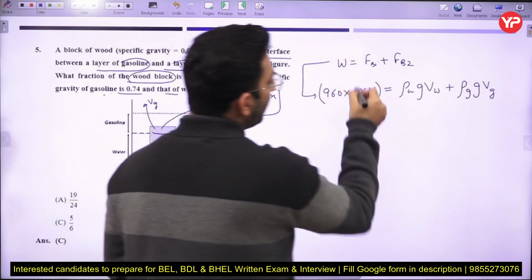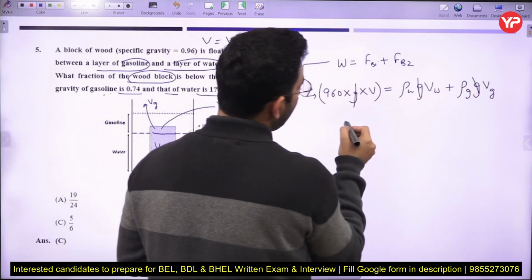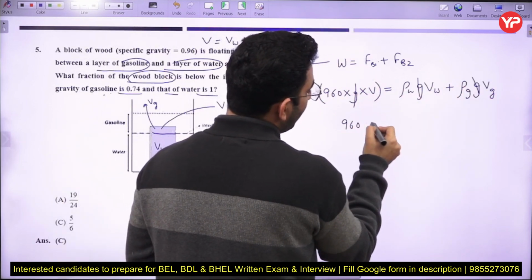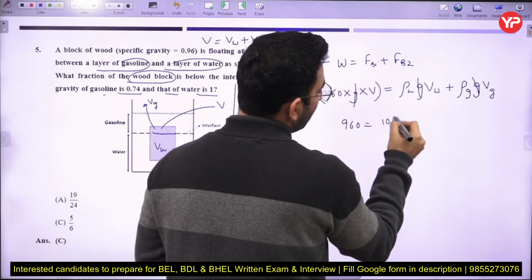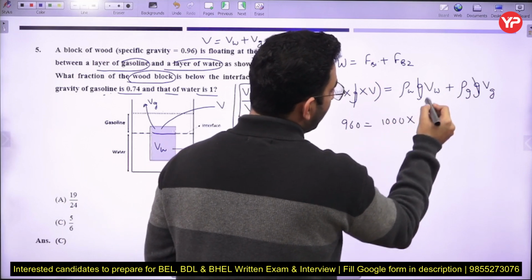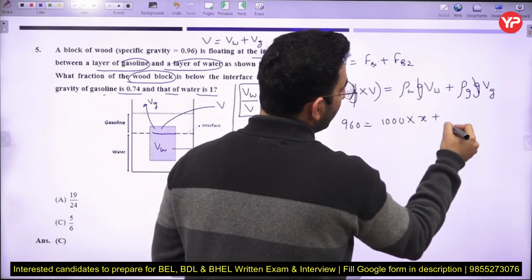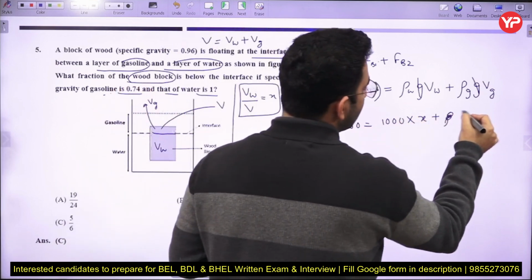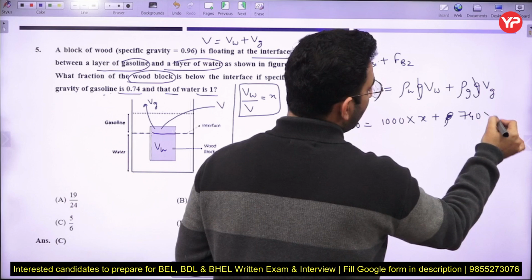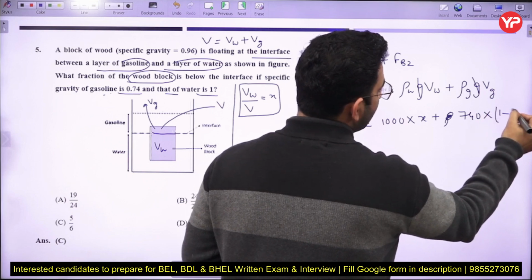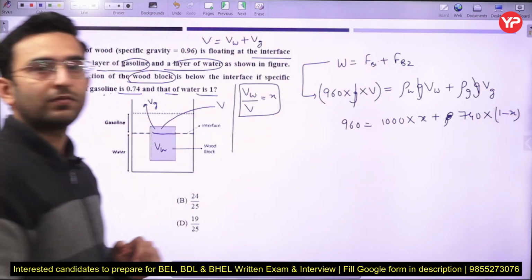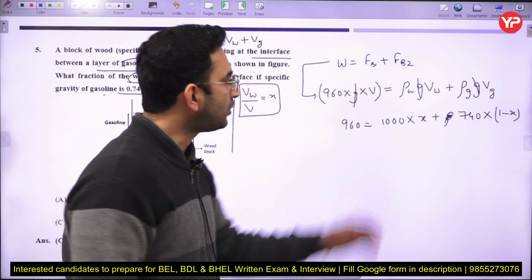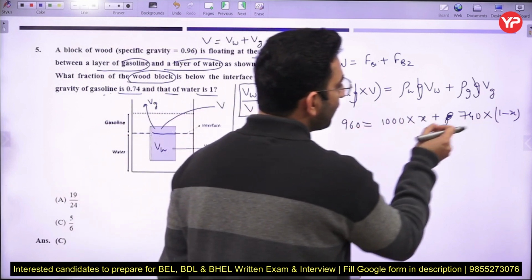If you simplify it further, you will find that 960 is equal to 1000 multiplied by x plus the density of the gasoline, which is given as 740, multiplied by 1 minus x. That is the expression you are going to get. So you have to calculate the value of x.